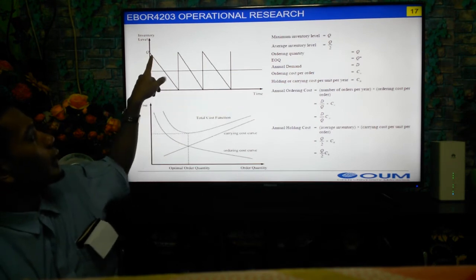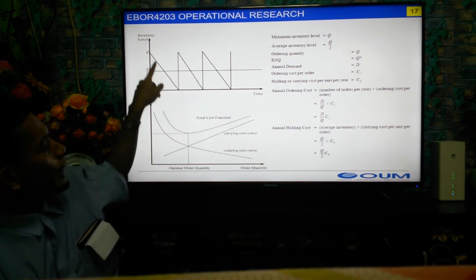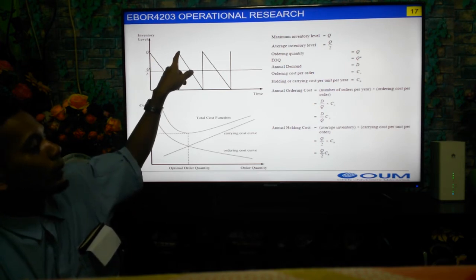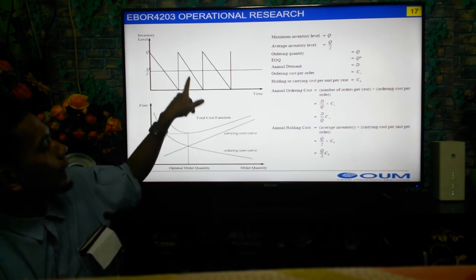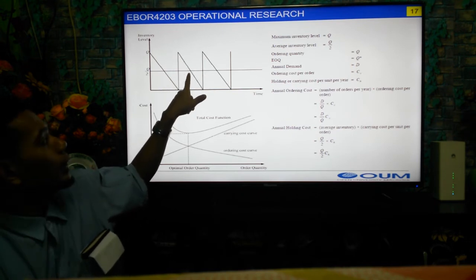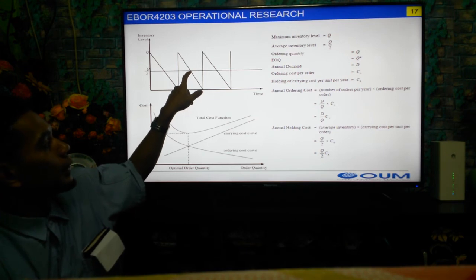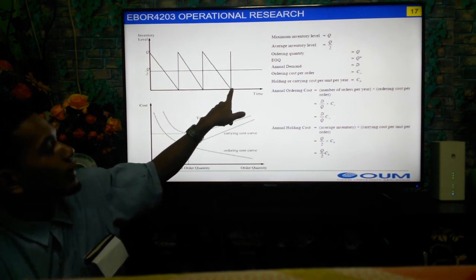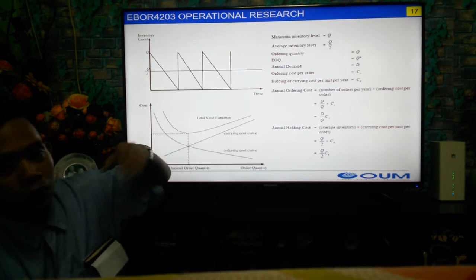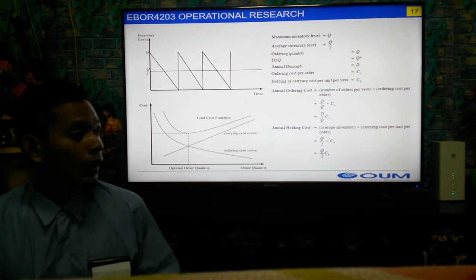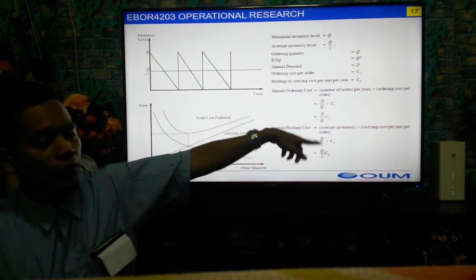This is the delivery, and then this is the usage, and when it is finished, there is a new delivery. The middle one is the minimum order quantity. When it reaches here, we order, then we use until finished, and then we get a new delivery, and so on.